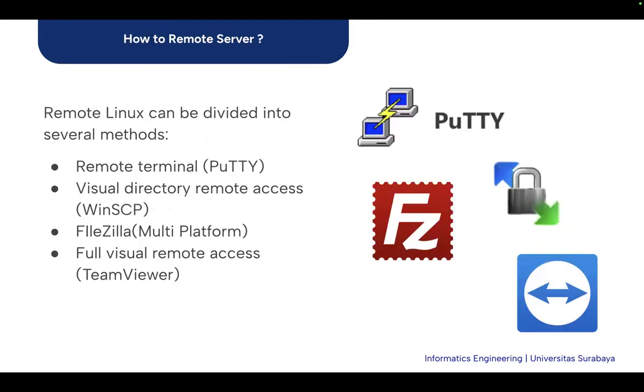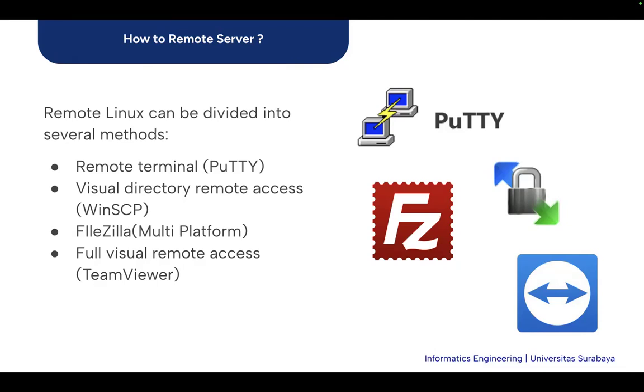So how to remote the server? To remote Linux, we can use several methods. For the first one, we can use PuTTY. PuTTY is a remote terminal that can be used on several platforms such as Windows and macOS. We can also use visual directory remote access, such as WinSCP. WinSCP provides a visual directory, and we also have FileZilla.